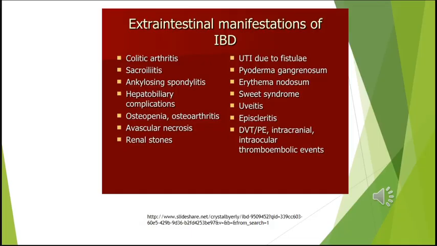Problems with the liver, bone disease, avascular necrosis of the hips and the shoulders, and oftentimes renal stones in the ureters. You can have UTIs and many of the other things that you see here listed. The most alarming of all is the incidence of DVTs and PEs and thromboembolic events in people with IBD.